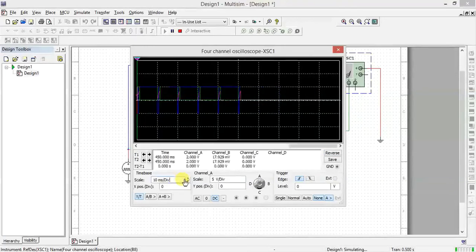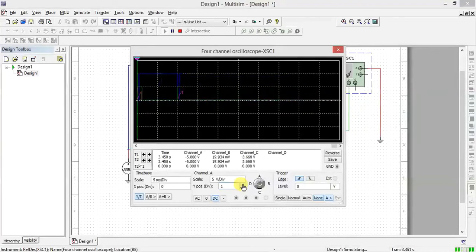So I'll decrease the time and place all three above. Now it is in channel 1, so for channel 1 I will make the Y position go up.